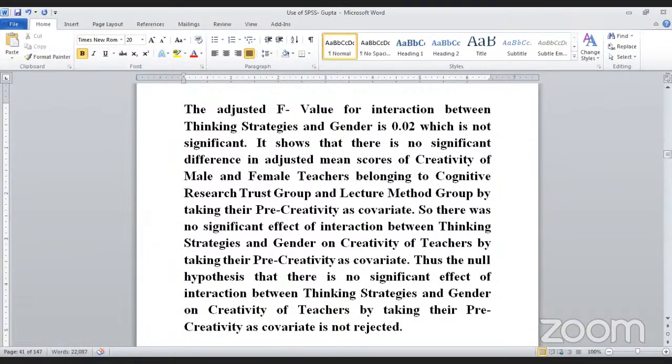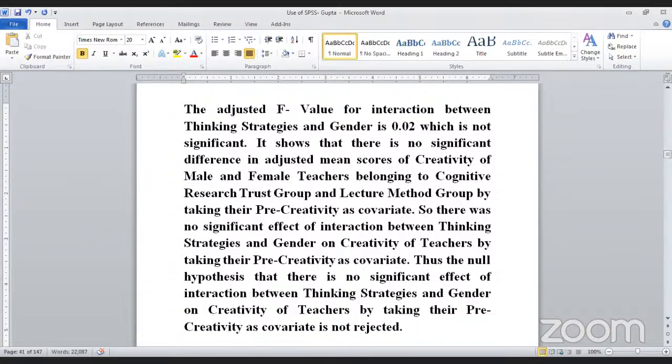Now, Navita, understand. Because the adjusted F value is not significant, that means there is no trend. So you should not plot the graph.